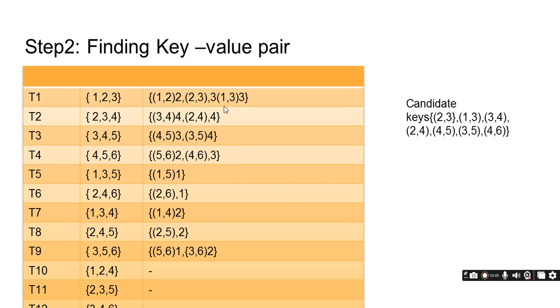So you can see there are 1, 2, 3, 4, 5, 6, 7. Altogether only these 7 key pairs satisfy our threshold value, and that is why they go to our next step. Other pairs which do not satisfy are eliminated at this point itself.